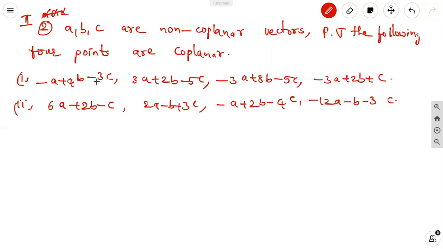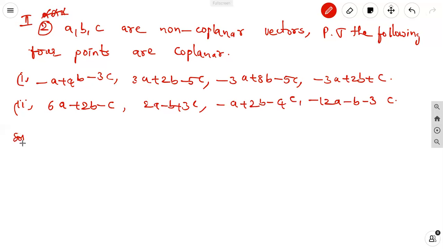Here, the points A, B, C, D are given as position vectors. They have given that a, b, c are non-coplanar vectors. Prove that the following 4 points, which we can take as A, B, C, D, are coplanar.